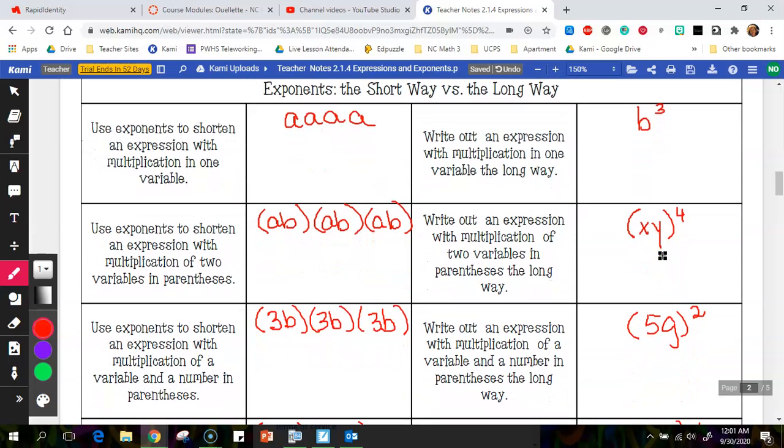Okay. So we're going to talk about several different types of exponential expressions and what they look like. Short way versus long way, or the expanded version versus the short version. So using exponents to shorten an expression with multiplication in one variable. So this is the same variable multiplied times itself 4 times.